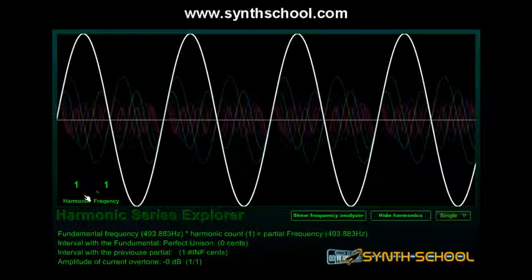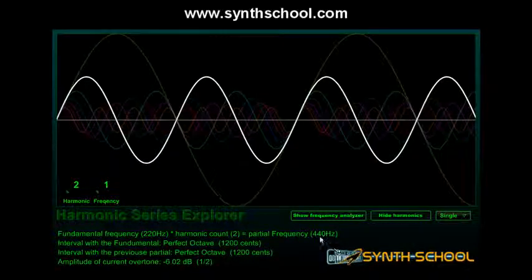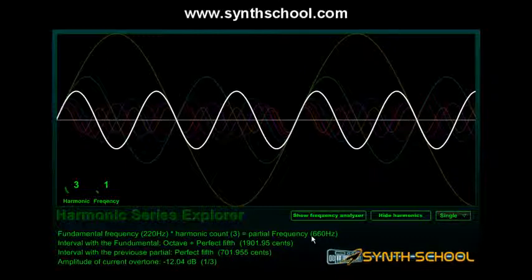let's look at the relations between frequencies. I've selected 220 Hz as my fundamental frequency, and my next overtone will be an octave higher, the fundamental frequency times 2. That's 440 Hz. The next overtone will be a fifth higher than the second overtone, or an octave and a fifth higher than the fundamental.